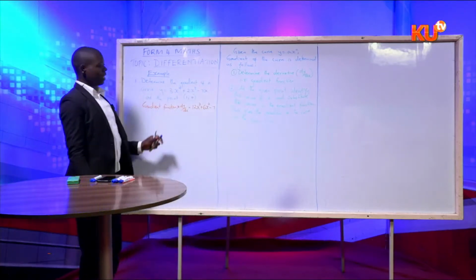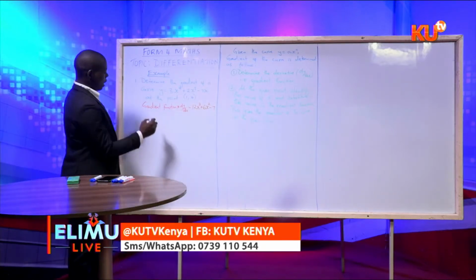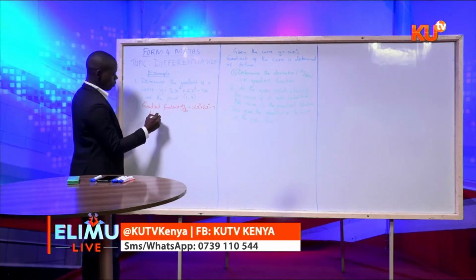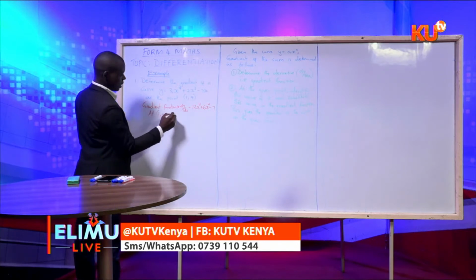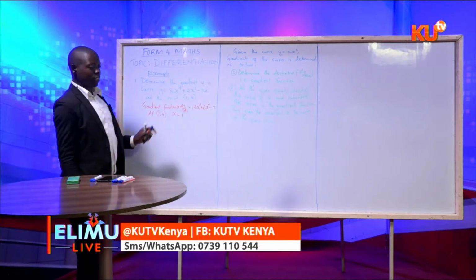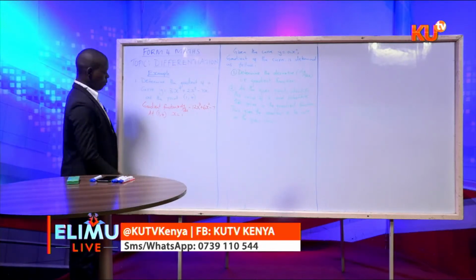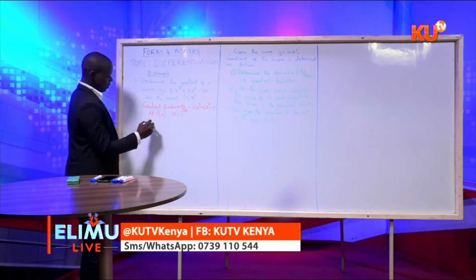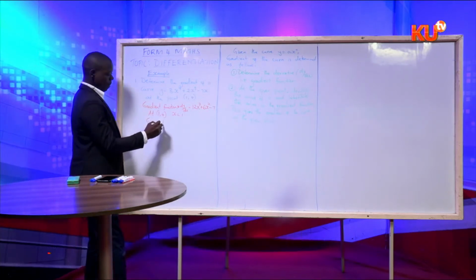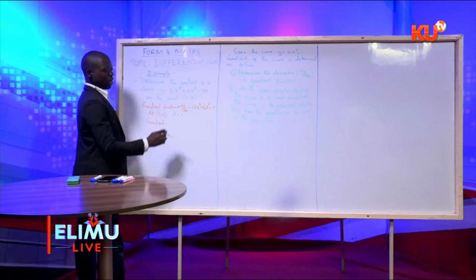Now, what is the given point? 1, 4. So at the point 1, 4, what is the value of x? x equal to 1 and y is 4. So our concern is x. Therefore, what will be the gradient? Our gradient will be, take the gradient function and replace x with 1.